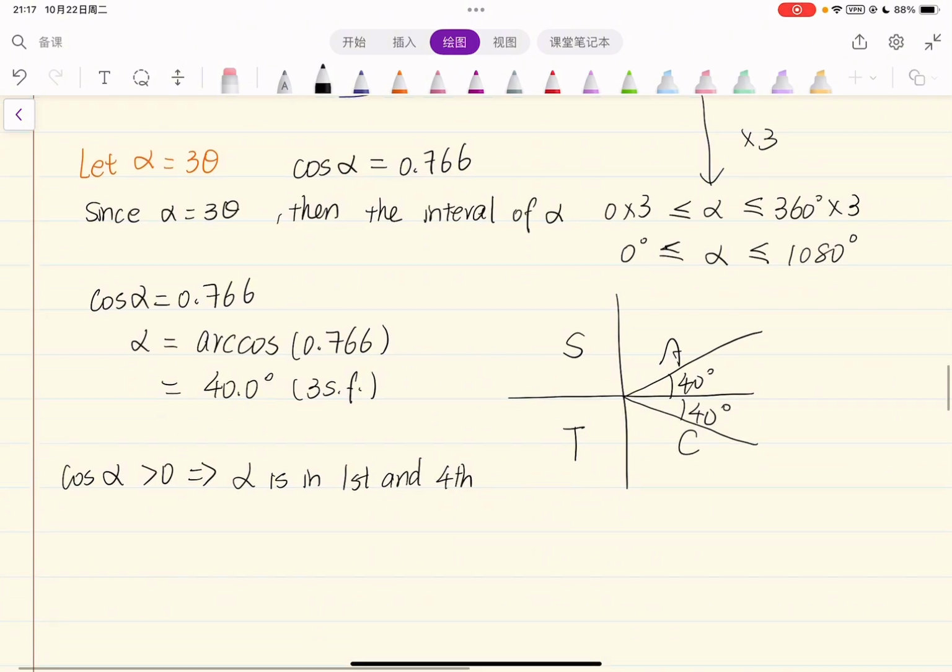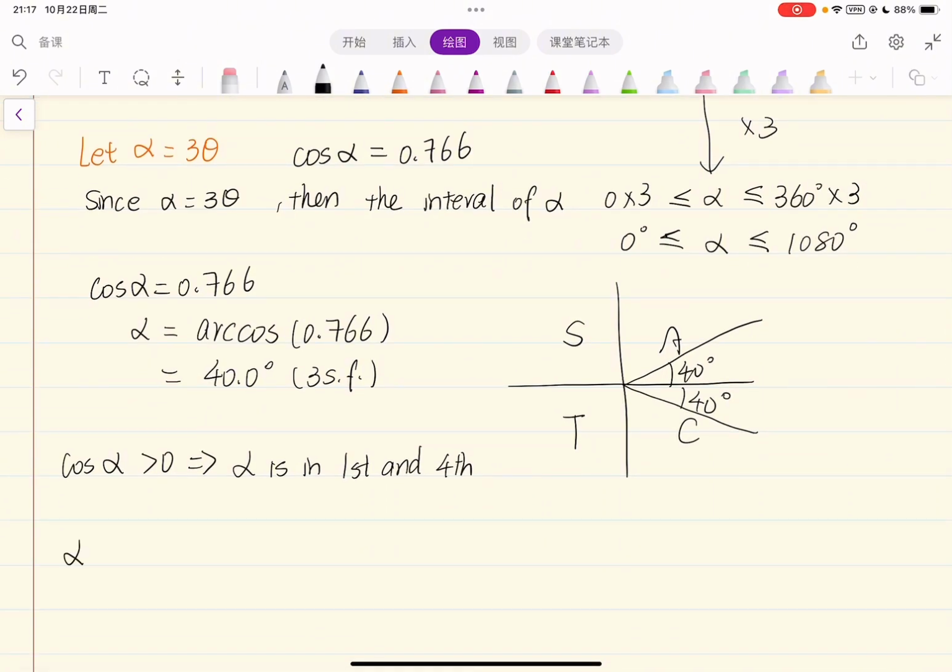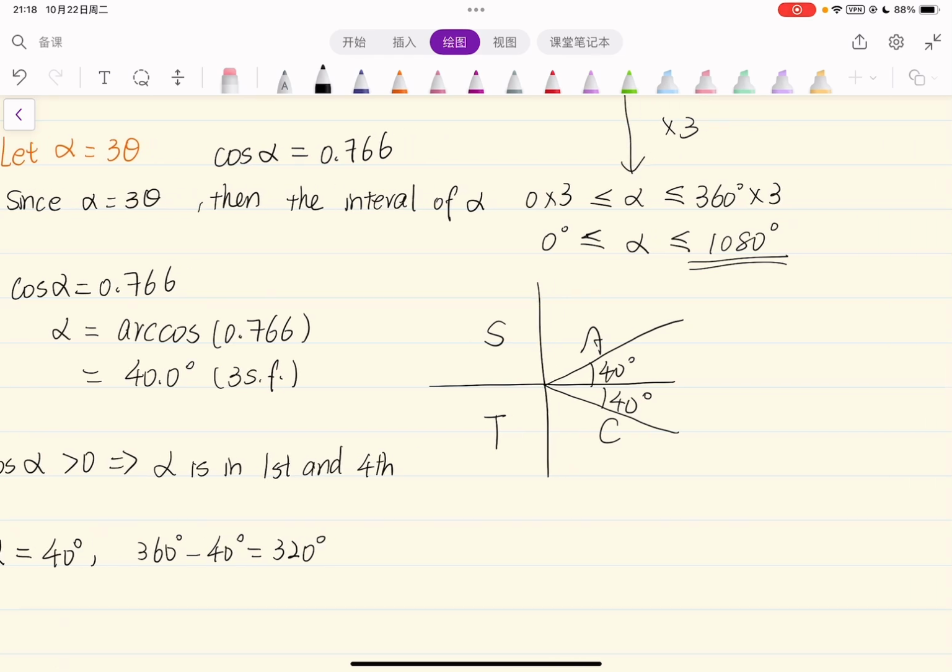Thus, we can get a value that alpha equals 40 degrees, and the second value should be 360 minus 40 degrees, that equals 320 degrees. Well, we notice that alpha is less than or equal to 1080 degrees, which means we need to do 3 complete revolutions.